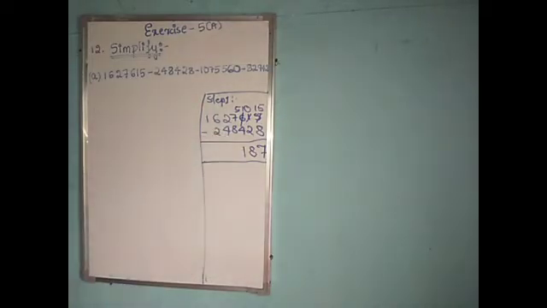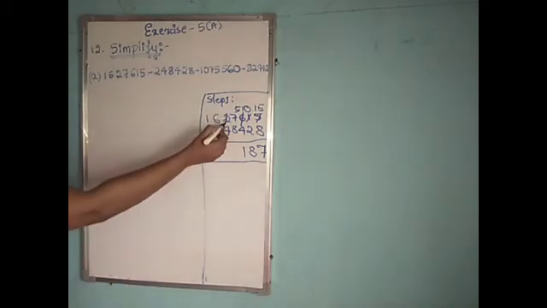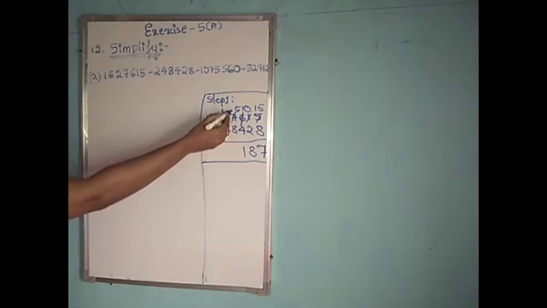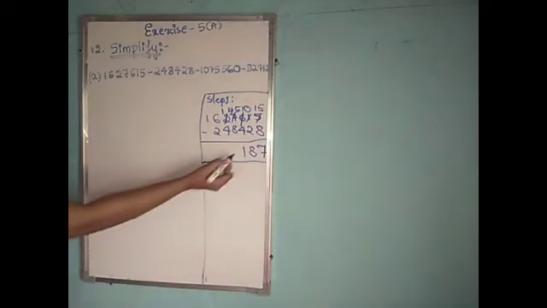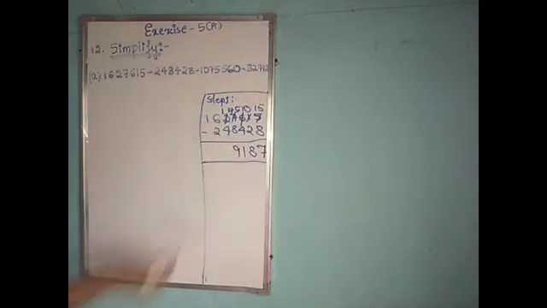7 minus 8, is it possible to subtract? No, it is not possible. So what do we have to do? We have to borrow from the next number. The next number is 2. If you borrow from 2, then 2 becomes 1 and here 7 becomes 17. 17 minus 8 is 9. 1 minus 4, is it possible to subtract? No, it is not possible. So we have to borrow from the next number.